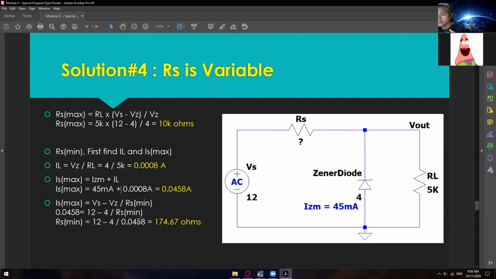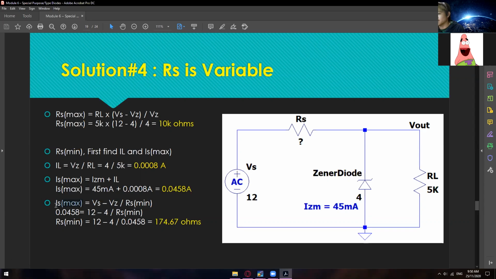All right. Once you have the IS max and the IL, that's the time that you can solve for the RS min. We have this formula coming from IS max, wherein IS max is already given, VS is already here, VZ is already here, and RS min is the only variable that is missing. If we have one missing variable in an equation, we can just simplify it and solve for the missing variable.